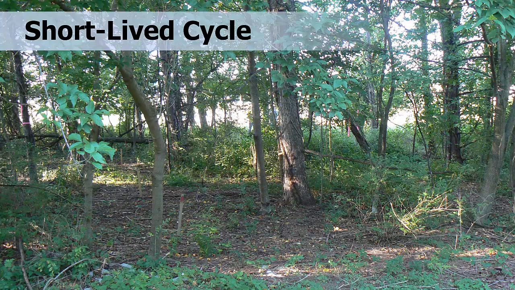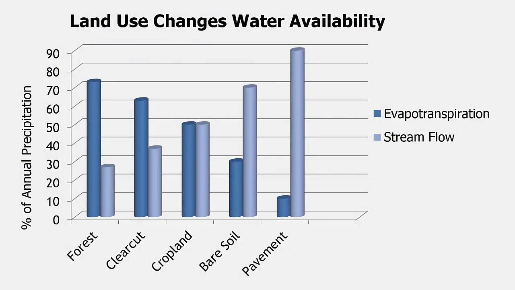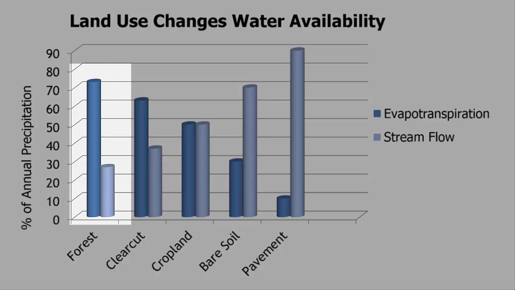It is important to keep in mind that this change in the water cycle would be short-lived in the eastern United States. Trees would quickly grow back, and the water cycle would return to normal in less than 3 years. Other land uses also affect water availability. The far left bars show an undisturbed forest, with about 2/3 of the incoming precipitation being evaporated or transpired.